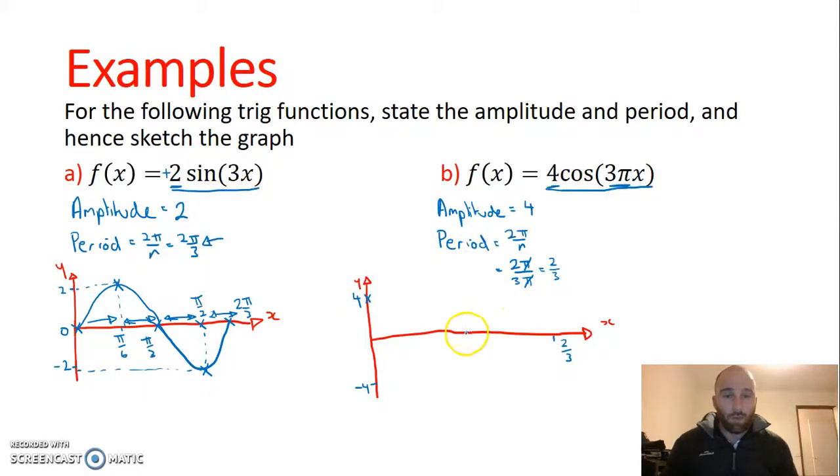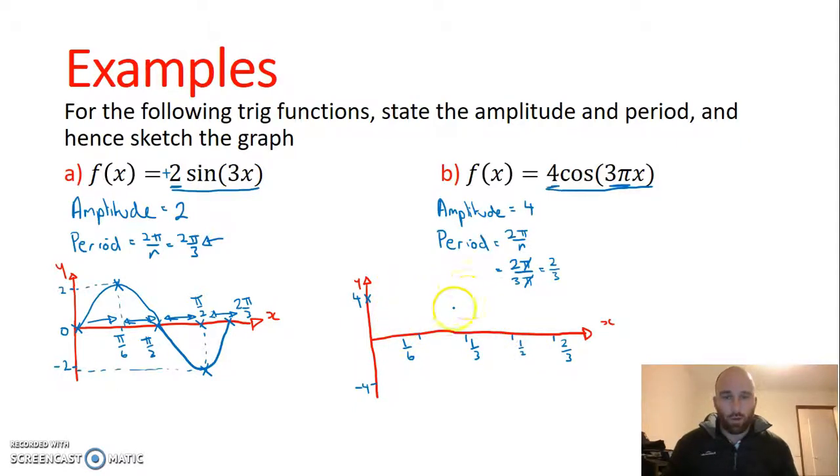Right in the middle is exactly half of 2 on 3, not pi, so it's actually 1/3. In between here, half of 1/3 is 1/6, and in between the 1/3 and the 2/3 is 1/2.